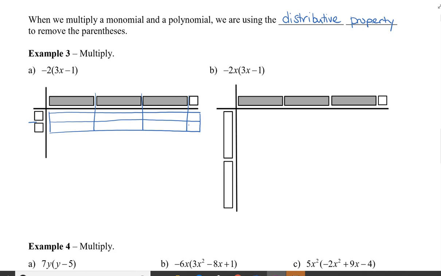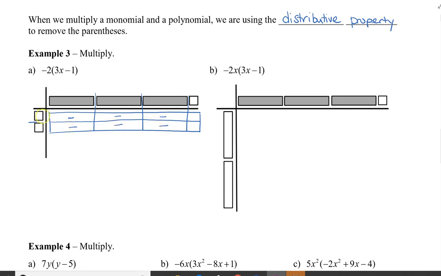So now the only thing we need to worry about this time is whether they are negative or positive. So here we can see that we have a negative 1 multiplying by a positive x. So this will be negative because a negative times a positive is negative. So all of these in here will actually be negative.